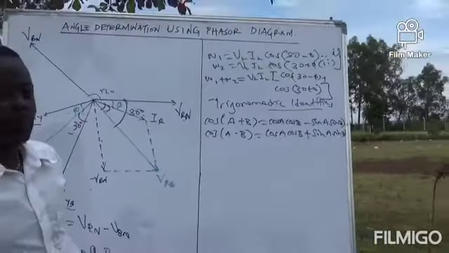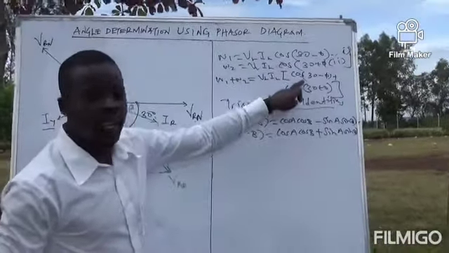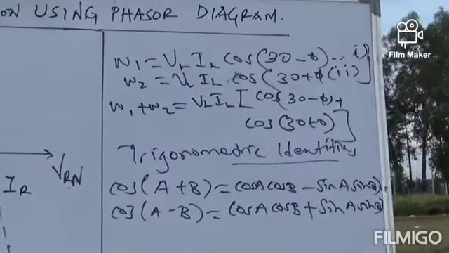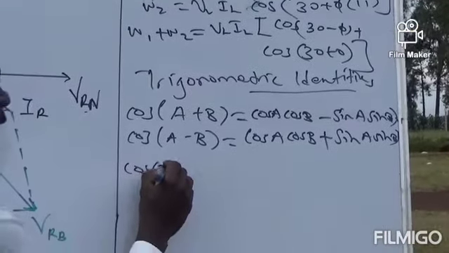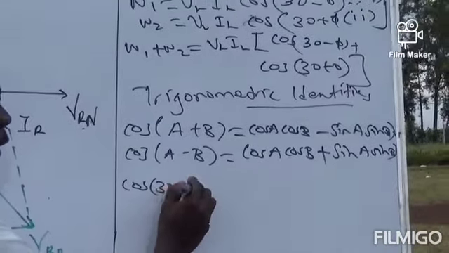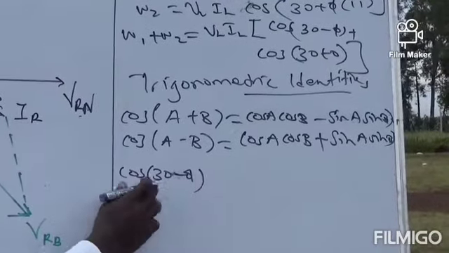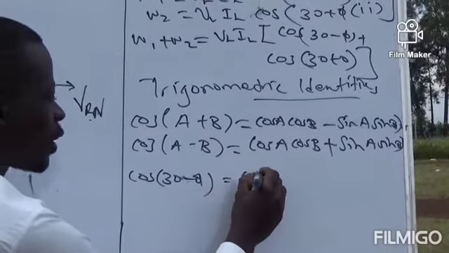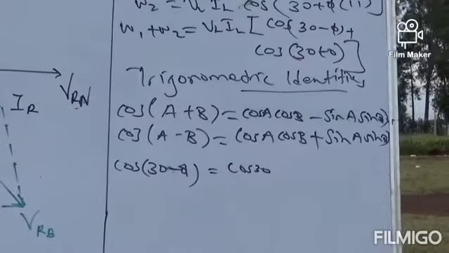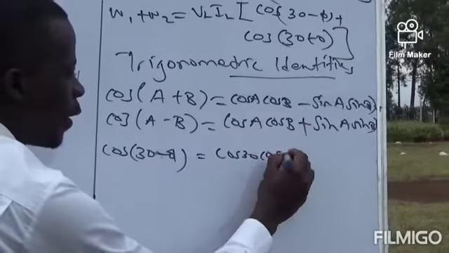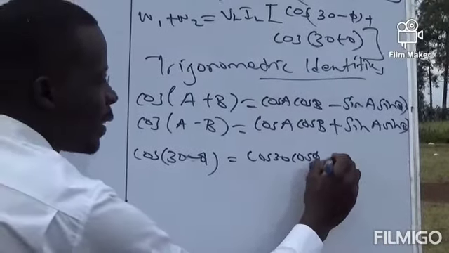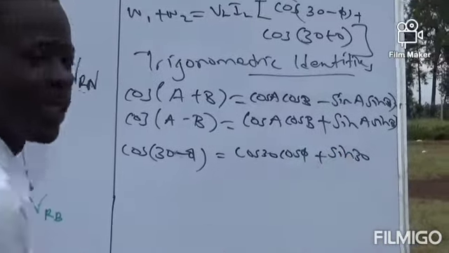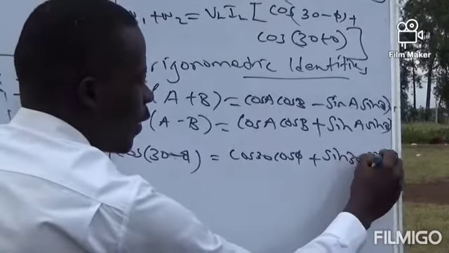I want us to begin with the first expression, cos(30 minus phi). This one will be our A and this one our B, so it equals cos 30 cos phi plus sin 30 sin phi.